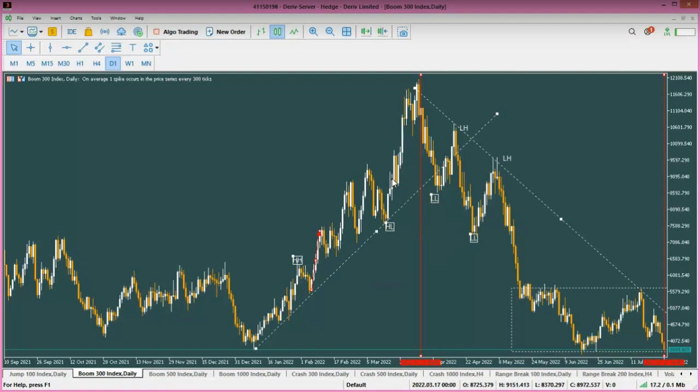All right. So, how do we identify the beginning of the impulsive move? To predict it, we have to master how to draw the support and resistance. So, what are support and resistance levels and how do we draw them on our charts?